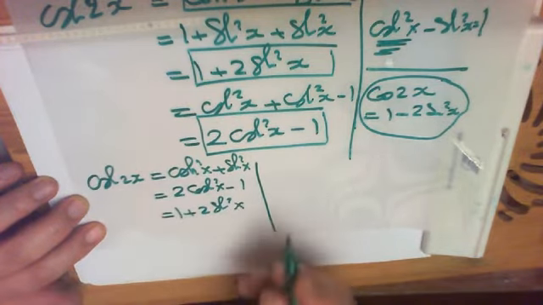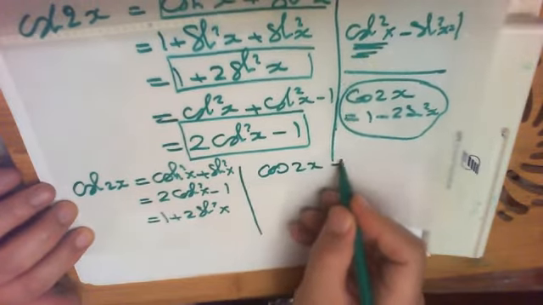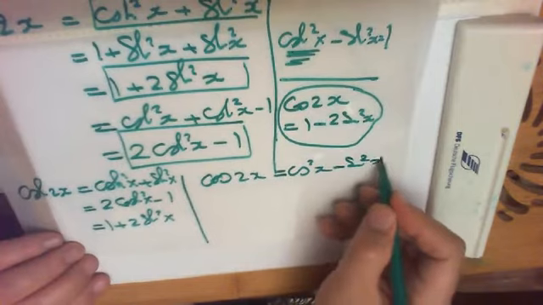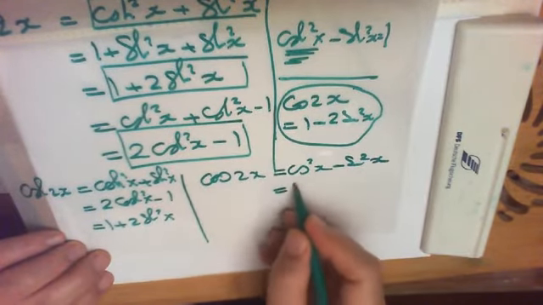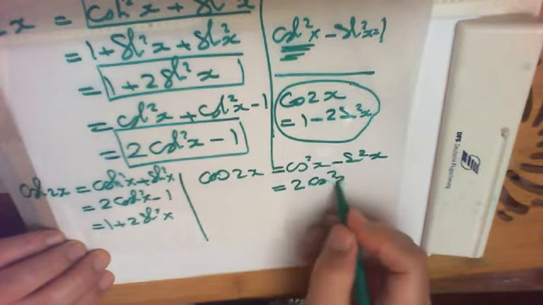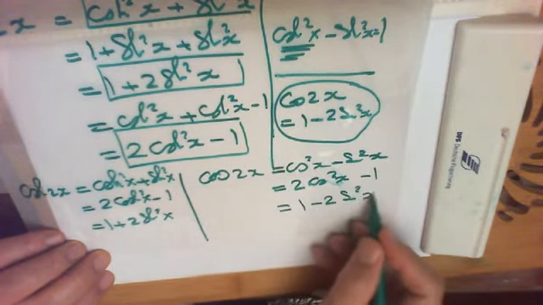While in trigonometry, cosine 2x equals cosine squared x minus sine squared x, or 2 cosine squared minus 1, or 1 minus 2 sine squared. Take care. Okay?